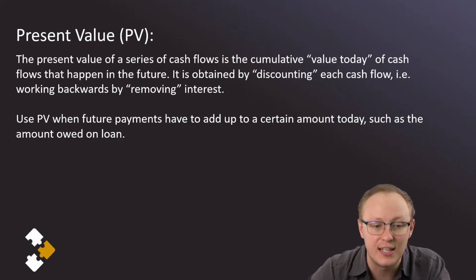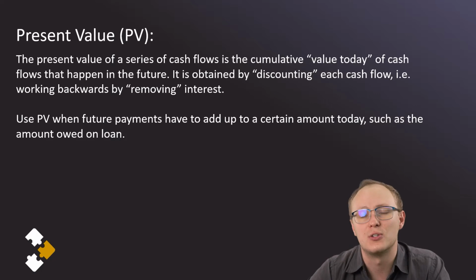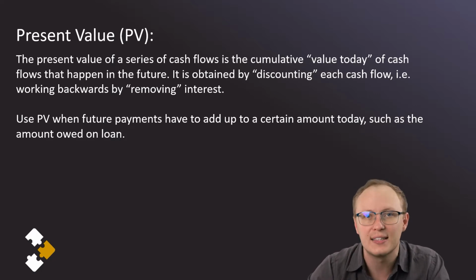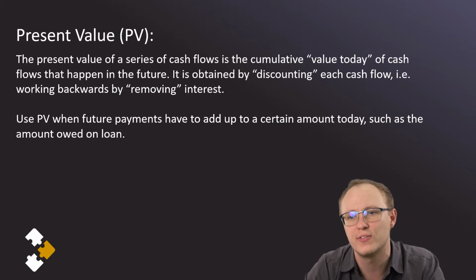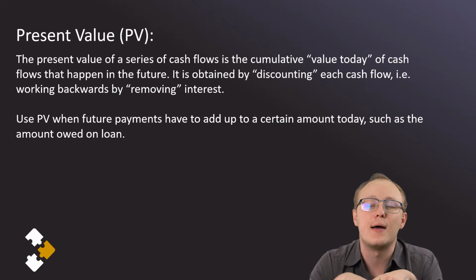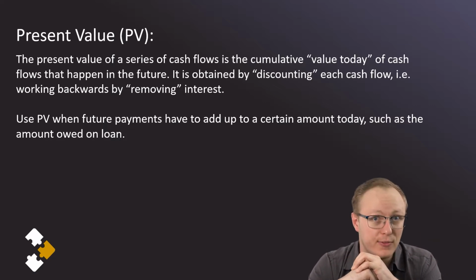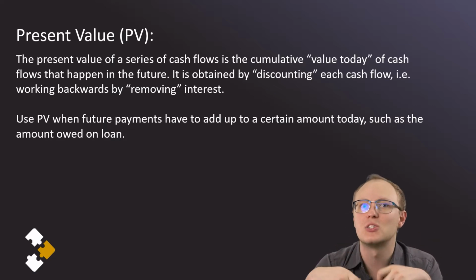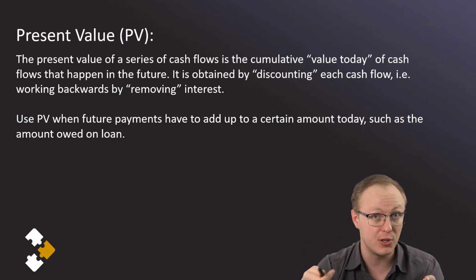such as the amount owed in a loan, right? So when you take out a loan, you know exactly how much money you owe today. You go to the bank, you say, what do I owe you? They say R1,000,000, you cry, and then you know exactly what you owe them, right? But those payments are going to happen in the future.